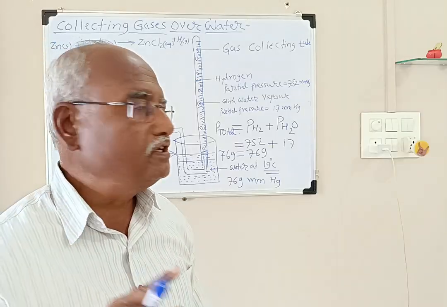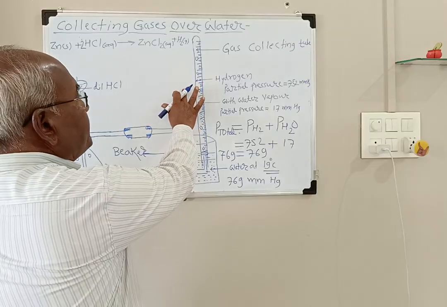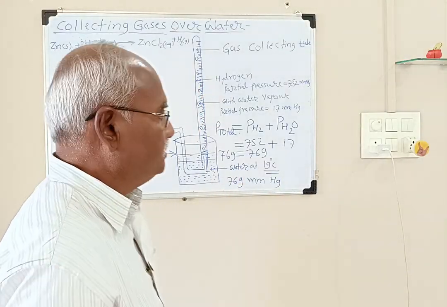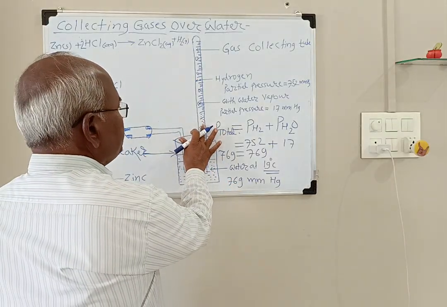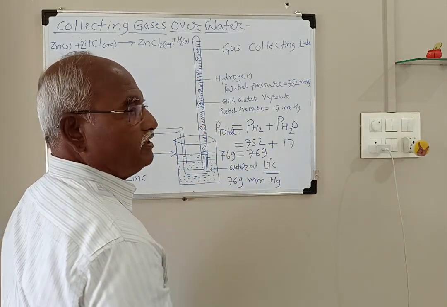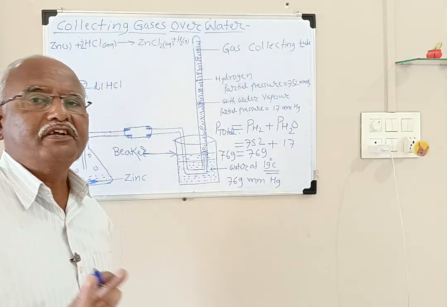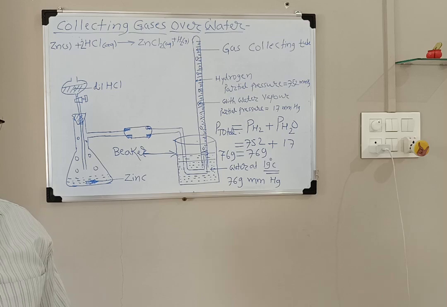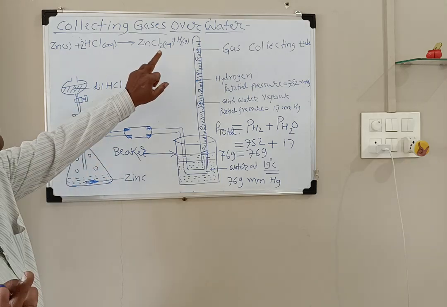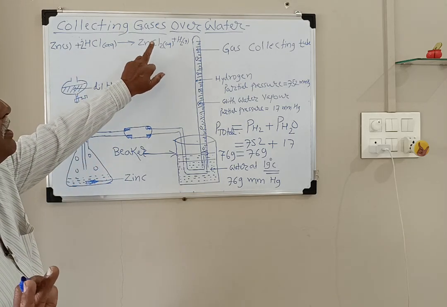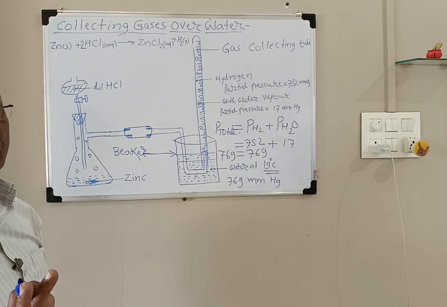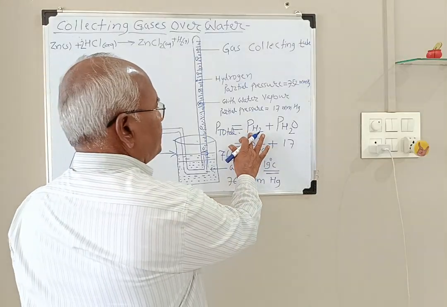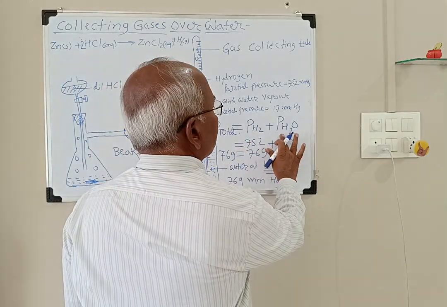One important thing, the gas collecting tube is lowered in such a way that the level of water in the tube and outside the tube is the same, and under this condition the volume of the gas is noted. So in this way gas is collected over water. The condition is that hydrogen does not dissolve in water.